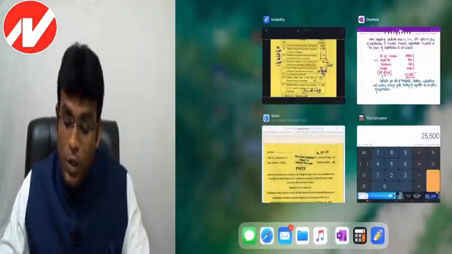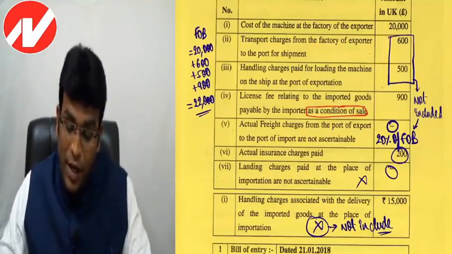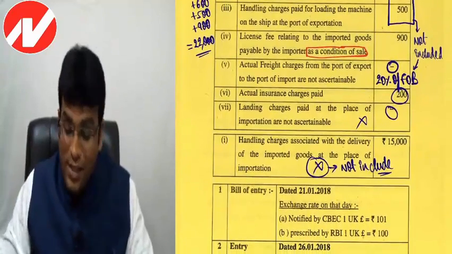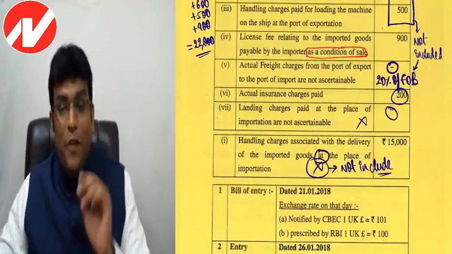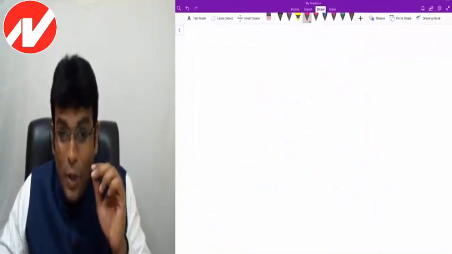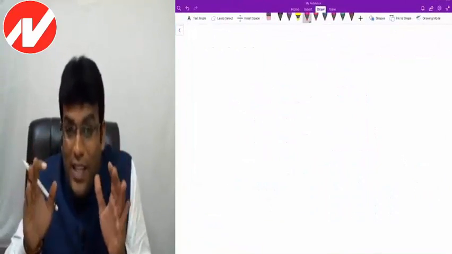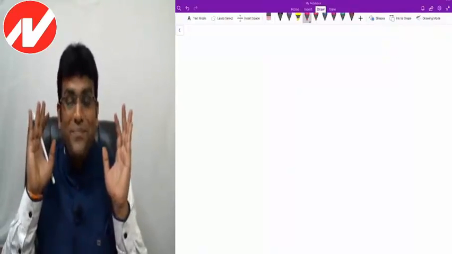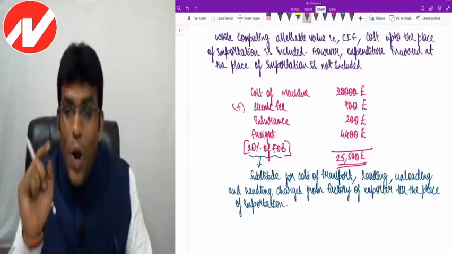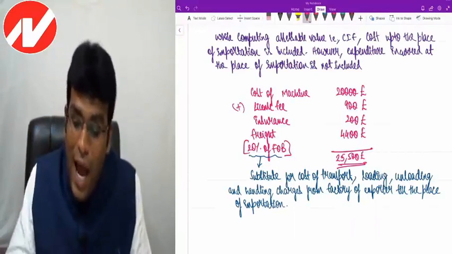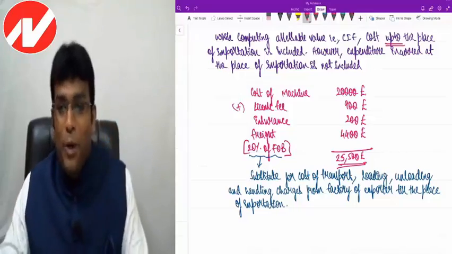And if I go back to the question, landing charges will not be considered. Handling charges, of course, will not be taken because they are incurred at the place of importation. I clearly told you that we will consider only that cost or expenditure incurred up to the place of importation.